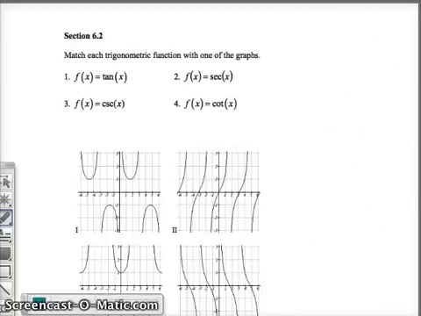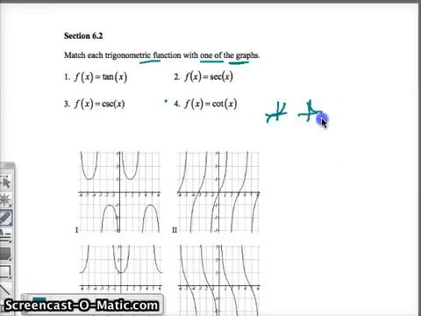All right, this question, take a look at it. Match each trig function with one of the graphs. Working problems is important. Well, 4 looks pretty easy. Cotangent. Now remember, tangent goes this way and cotangent goes this way. The only cotangent graph is this guy right here, so that would be 4. Secant is 1.